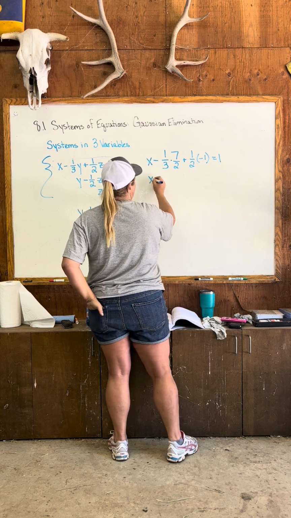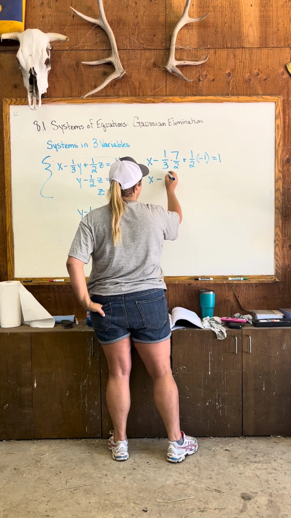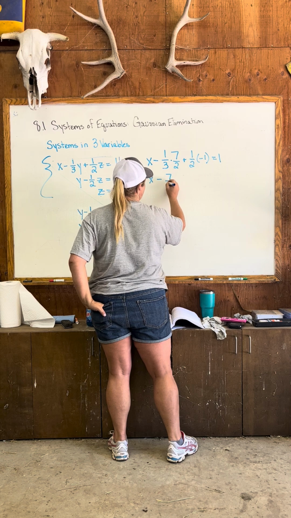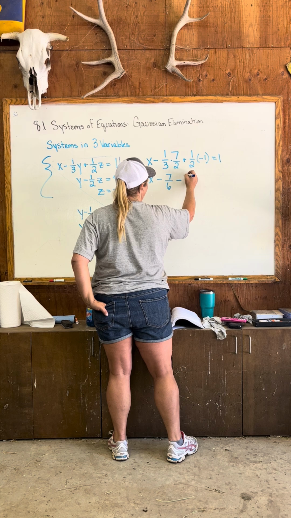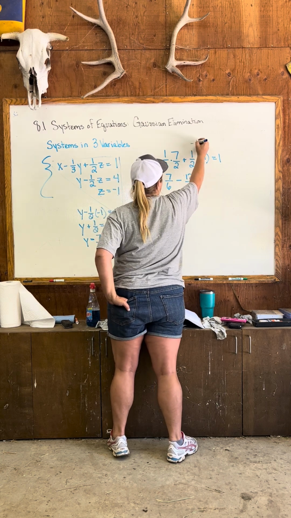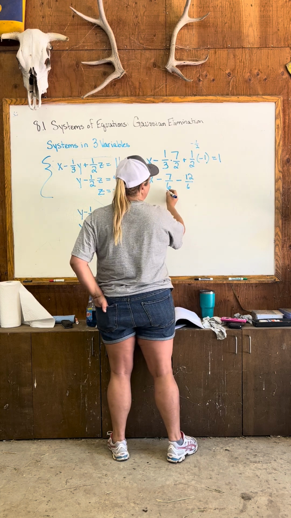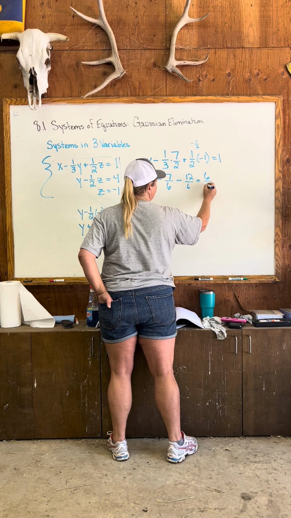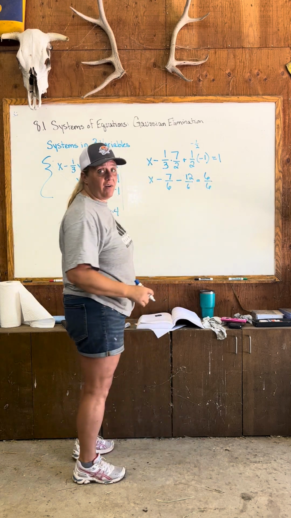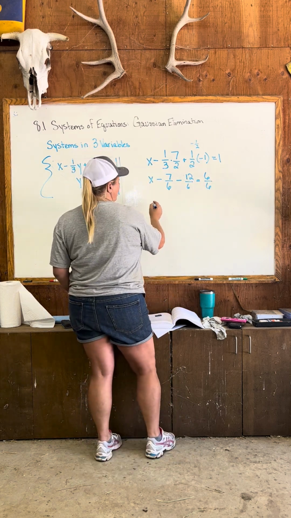So we have x and we have minus 7/6, right? And this is also going to be a minus 1/2, or I could write it as 3/6. So if this is a minus 1/2 and I wanted to write it in 6ths, we could actually write this guy in 6ths as well. Write everything in 6ths so that we've got nice fractions going on.